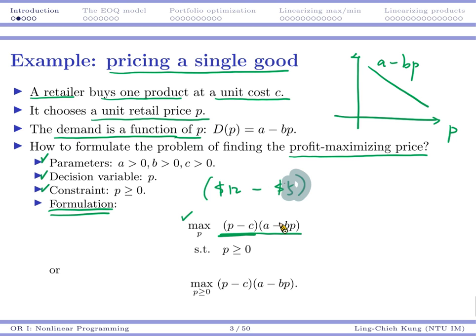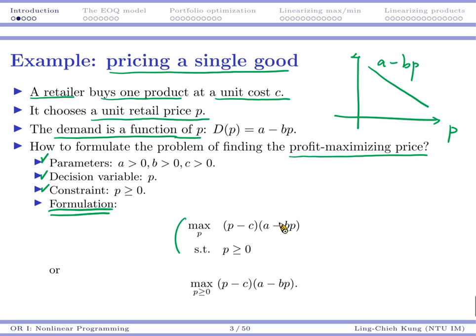Okay, so this part is my sales margin, and then the other part is my demand. So my profit actually is the product of these two terms. Okay. It depends on, for each item, how much I may earn, and depends on how much I may sell. Okay, so this is my demand profit function, and the only constraint I have is P should be non-negative. Okay, so there are several ways to express this particular formulation.